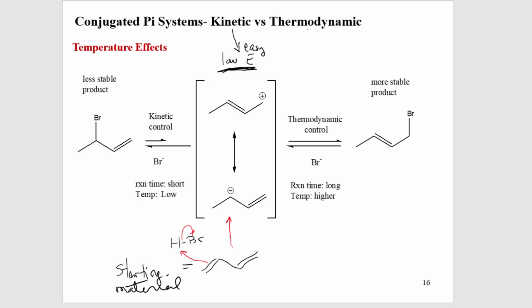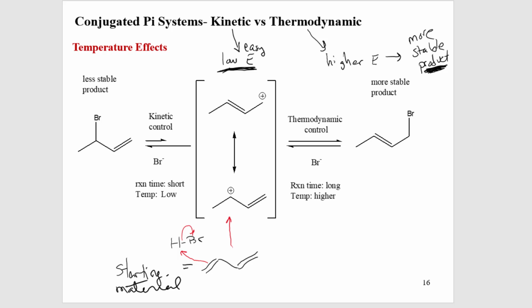Thermodynamic is the better thing to do. This one is going to perhaps take higher energy, but it's going to lead you to a more stable product. So thermodynamics is all about the product. Did I get the best outcome?